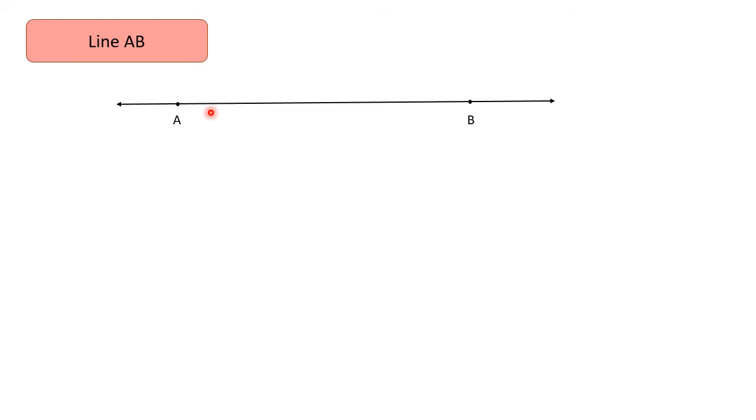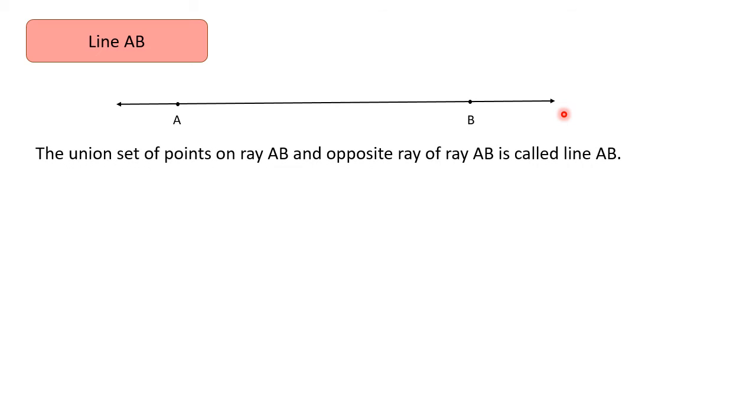Now let us learn another topic, which is line AB. In simple definition, you all will tell me that it will have arrow on both the sides. That is line AB. So this is the diagram. You can see here it has arrow on both the sides. So what is the definition? A union set of points on ray AB and opposite ray of ray AB is called as line.